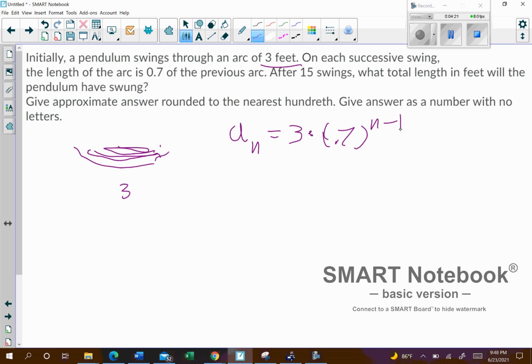Now this one actually will be a little bit more straightforward. We'll just go ahead and use the formula we have for this.